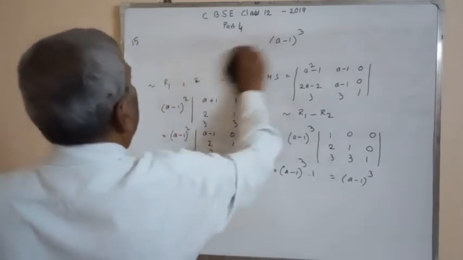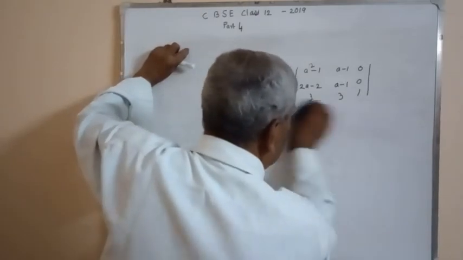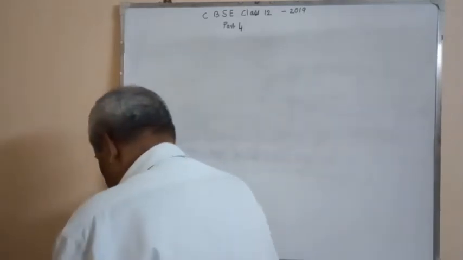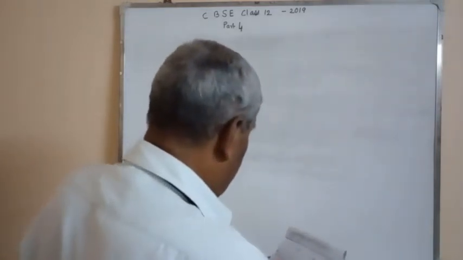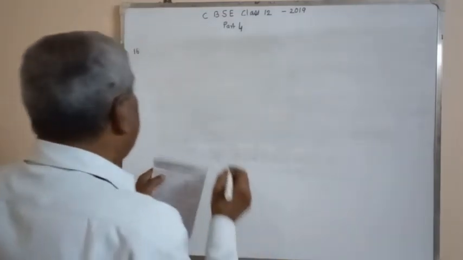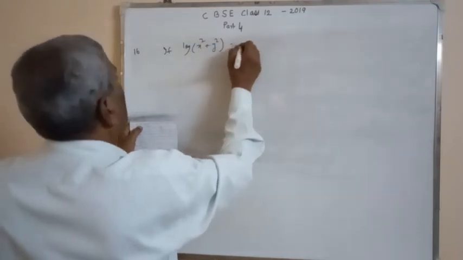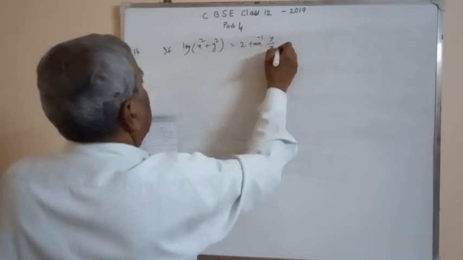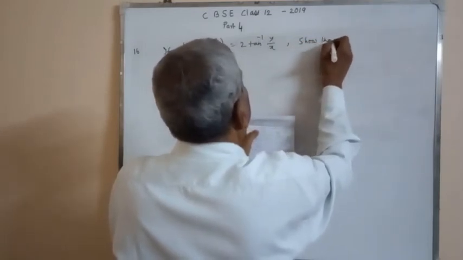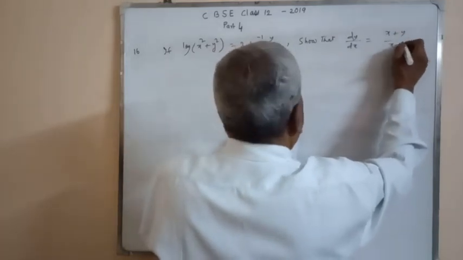Next problem is problem number 16. If log of x square plus y square is equal to 2 tan inverse y by x, then show that dy dx is equal to x plus y by x minus y.